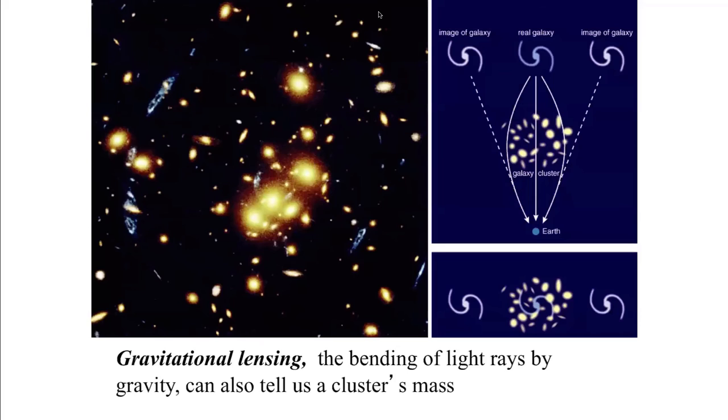Okay, now maybe we just don't understand how gravity works. Let's try to measure the mass of something in a fundamentally different way, besides measuring how fast things are moving around other things. Here's a way that we can do it. Remember the difference between Einstein's theory of general relativity and Newton's laws of gravity was that, according to Einstein, gravity is just bent space-time.